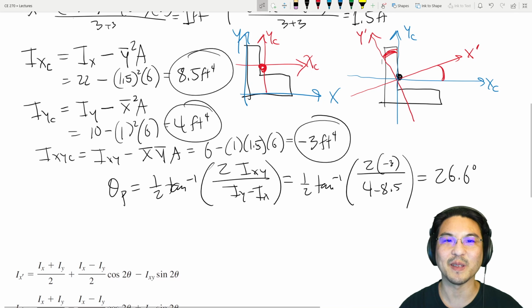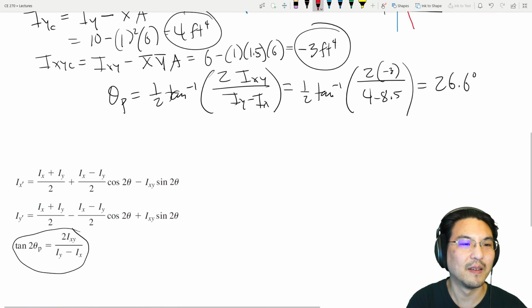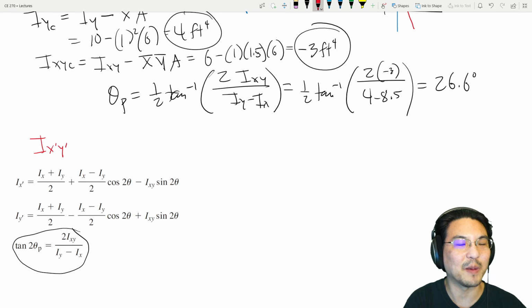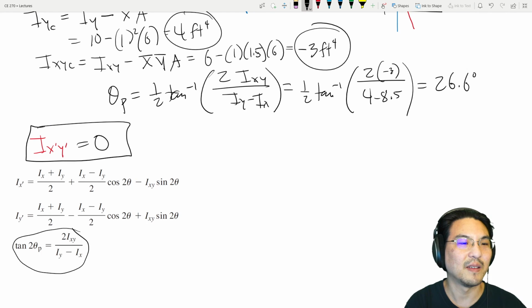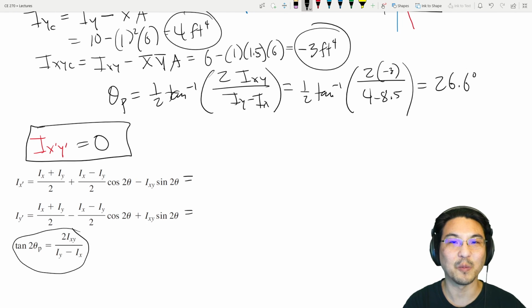And what happens at the principal axes? Ix'y' becomes 0, and then Ix' becomes a principal moment.